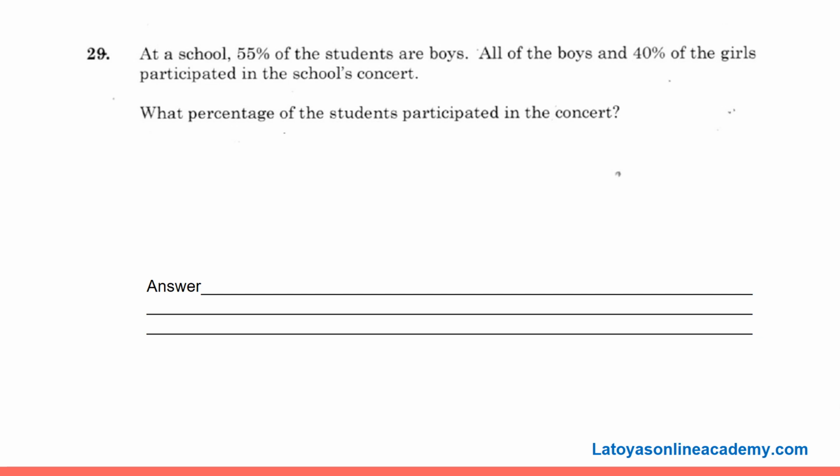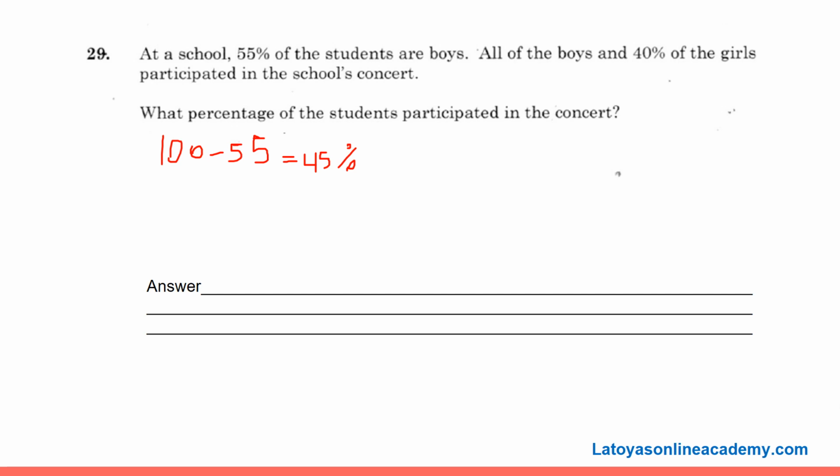At a school, 55% of the students, which is 55 out of 100, are boys, then how much are girls? So let's find out how much are girls first. The first thing we will do is 100 take away 55, and this will give us 45%, right? So now we know how many girls there are.